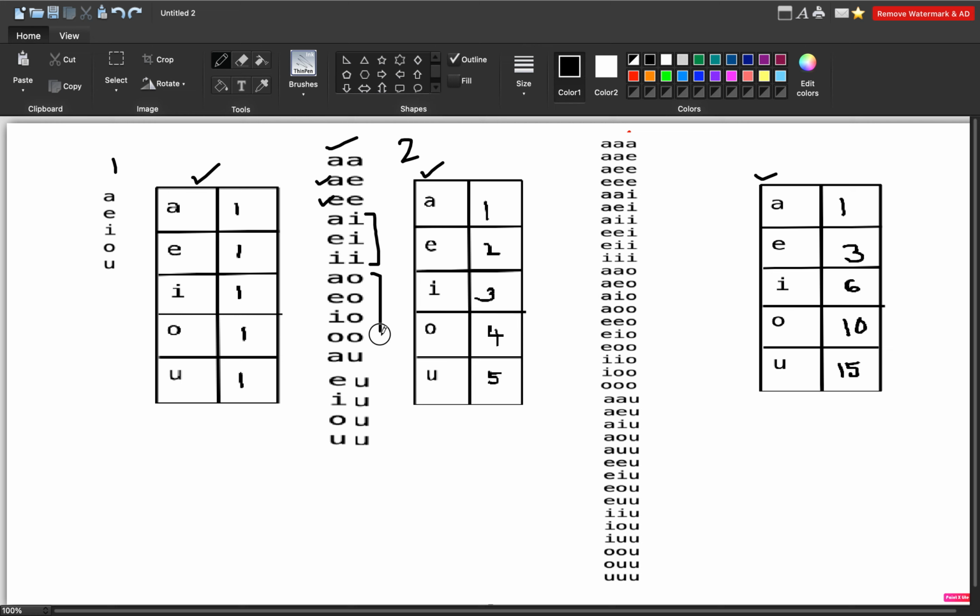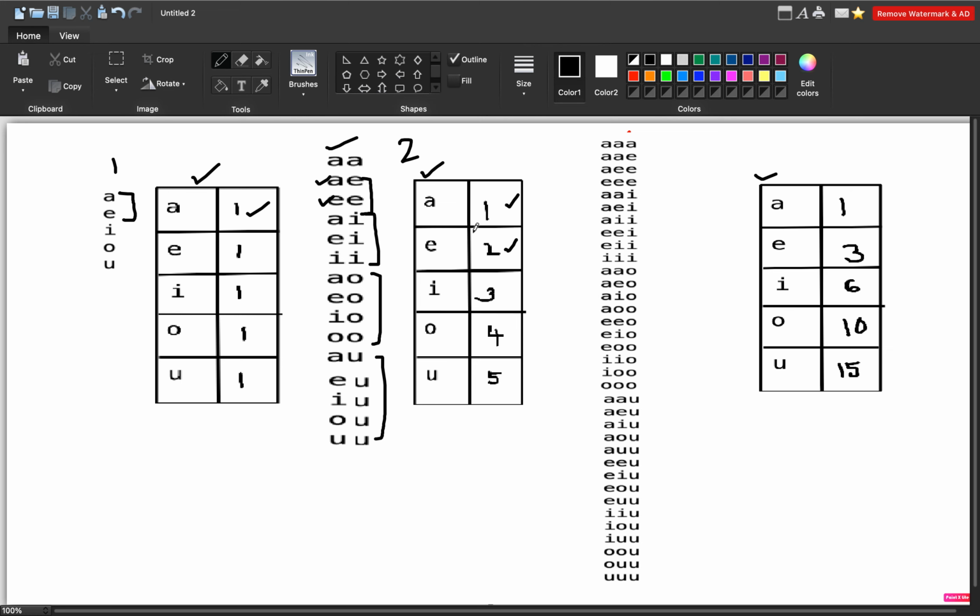Similarly for o it is 4 and u is 5. If you try to observe, you can easily see that the answer here is the same as this, but here it is basically ending with e. So ending with e is always appended to the previous strings which are above, basically the index above e.